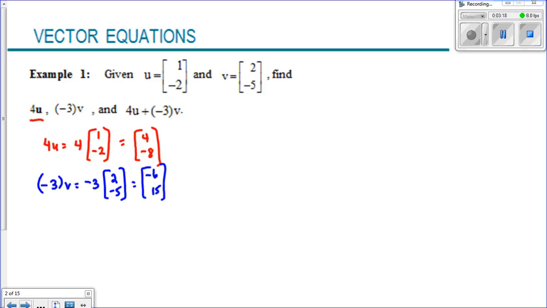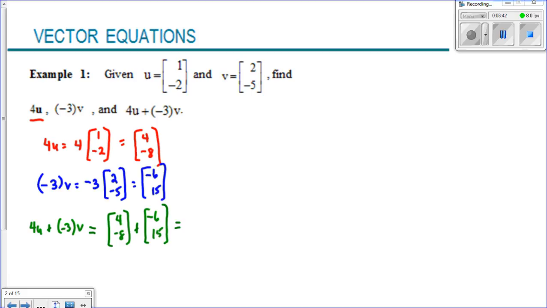So now if I wanted to find 4u plus negative 3 times v, 4u was the vector 4, negative 8. Negative 3 times v was the vector negative 6, 15. And for the addition of two vectors, they have to be the same size.